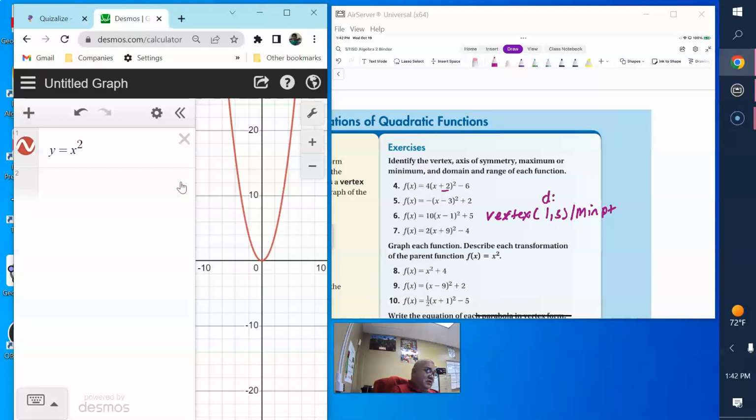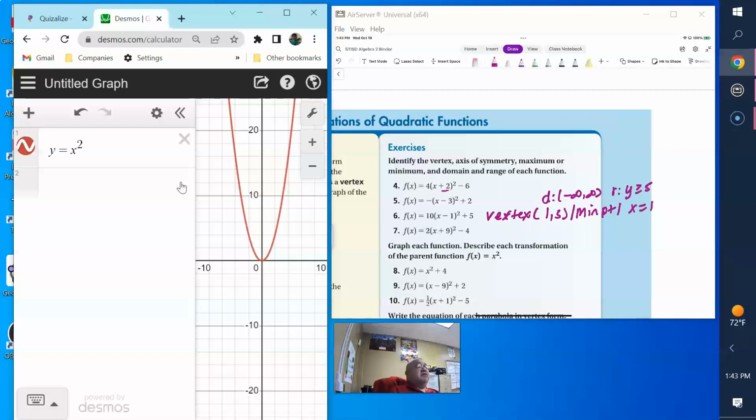The domain is -infinity to +infinity, which is all real numbers. The range, the lowest point that it gets is 5, so y is greater than or equal to 5. The axis of symmetry is going to be x equals 1.